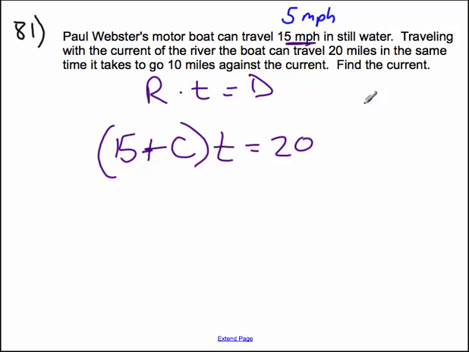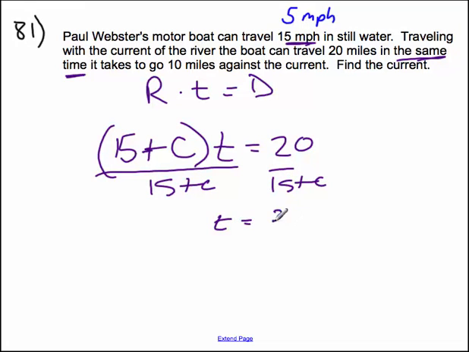Okay, so since they say in the same time, let's solve this for t. We can just divide both sides by 15 plus c, so you get t is equal to 20 over 15 plus c. This is with the current, okay?